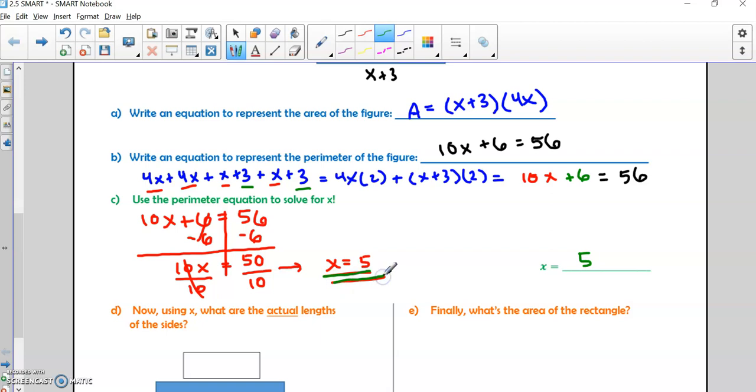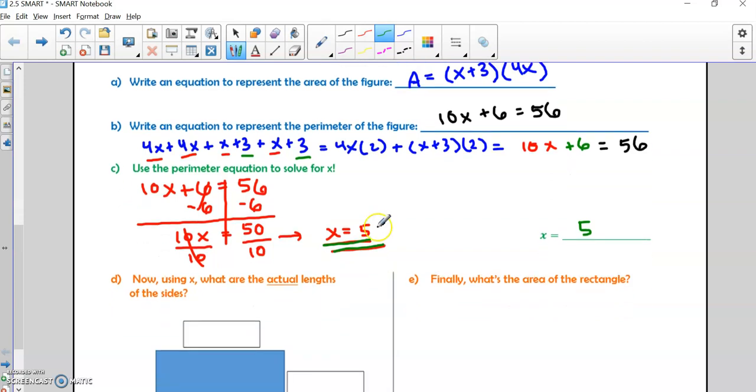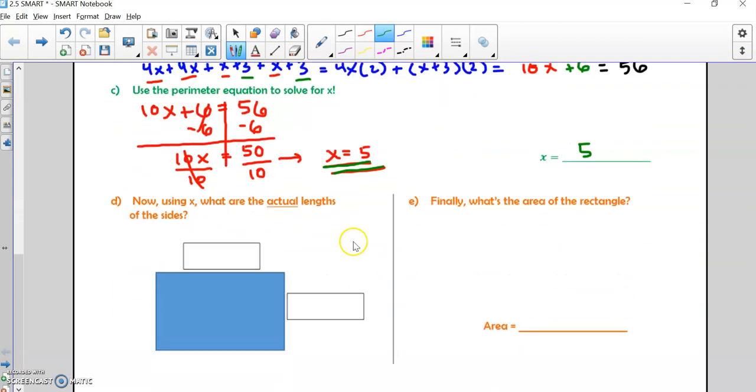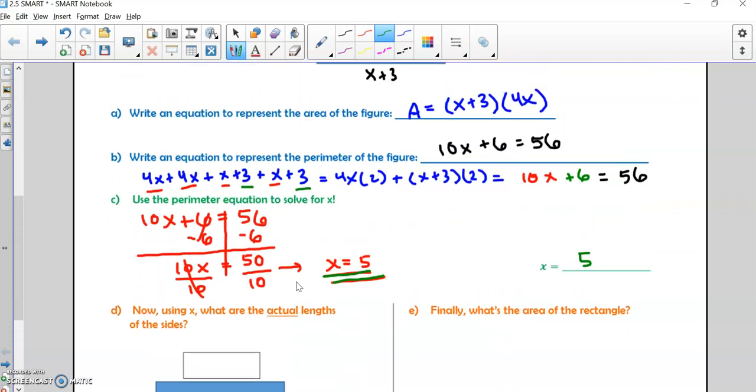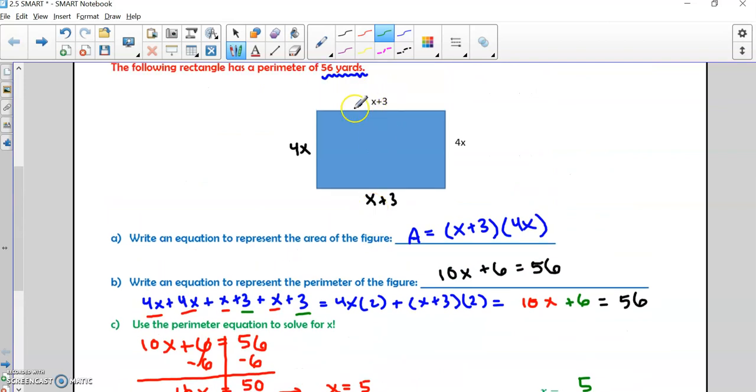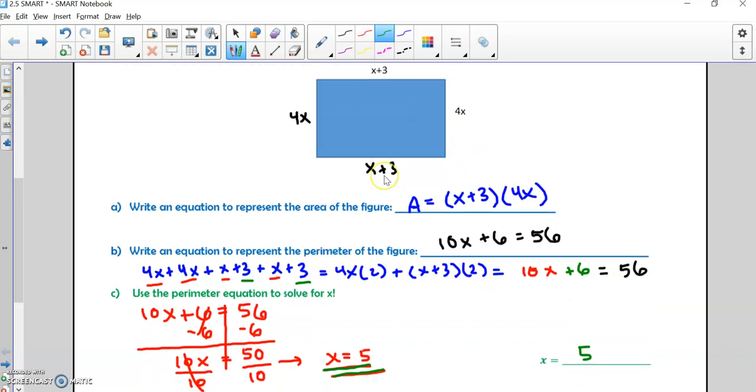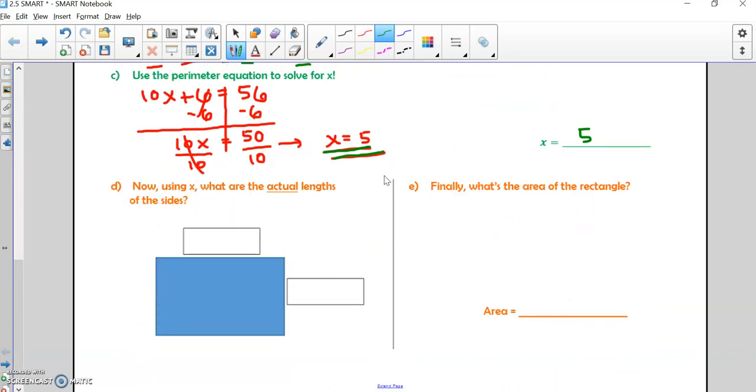Now that we have found our x value, we can actually figure out what the real lengths of this rectangle are. If we look back up here, we know that the long side was x plus 3 and the other side was 4x. In hindsight, it would make sense for it to be the other way around, but that's all right.